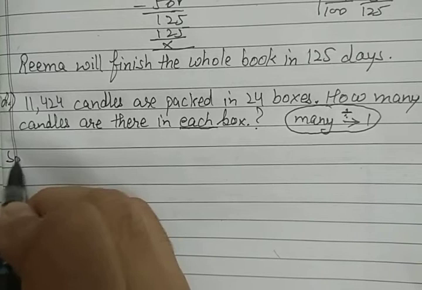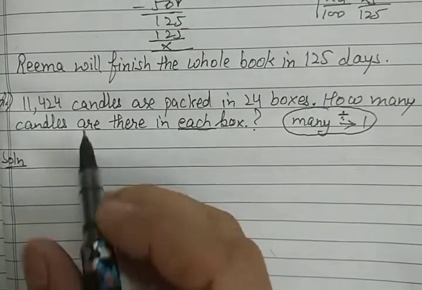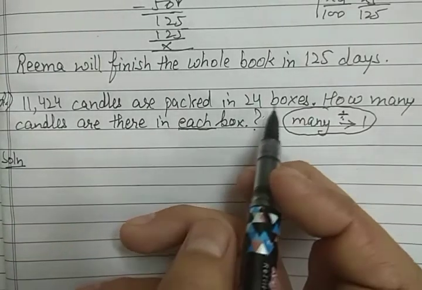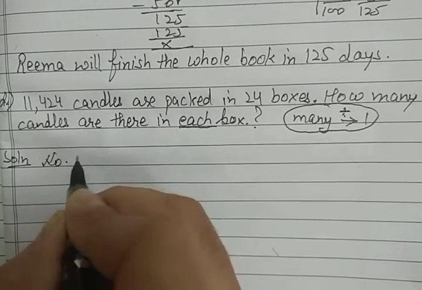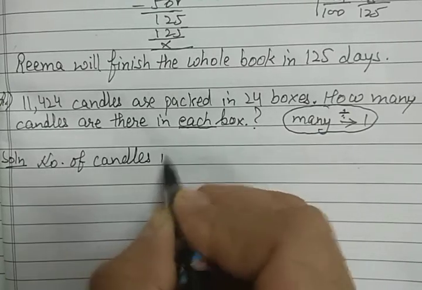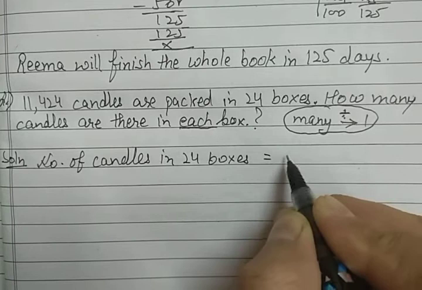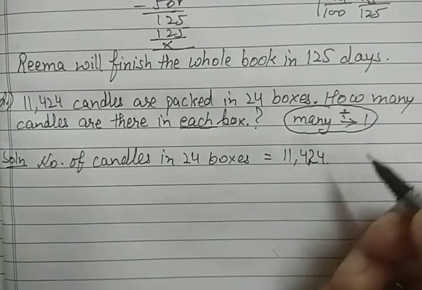So, solution. First of all, we will write what is given. The number of candles in 24 boxes is given, that is 11,424.